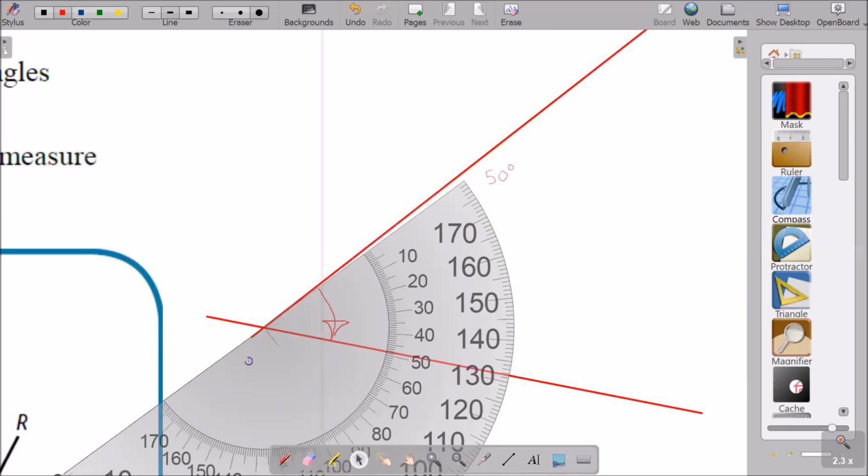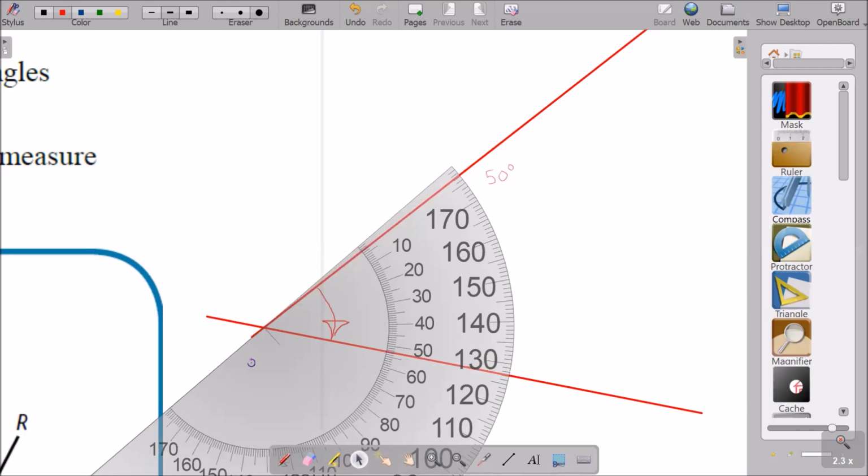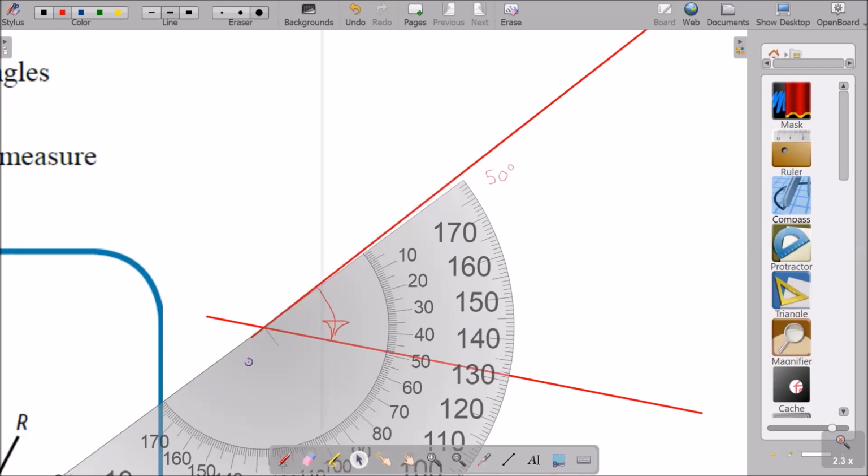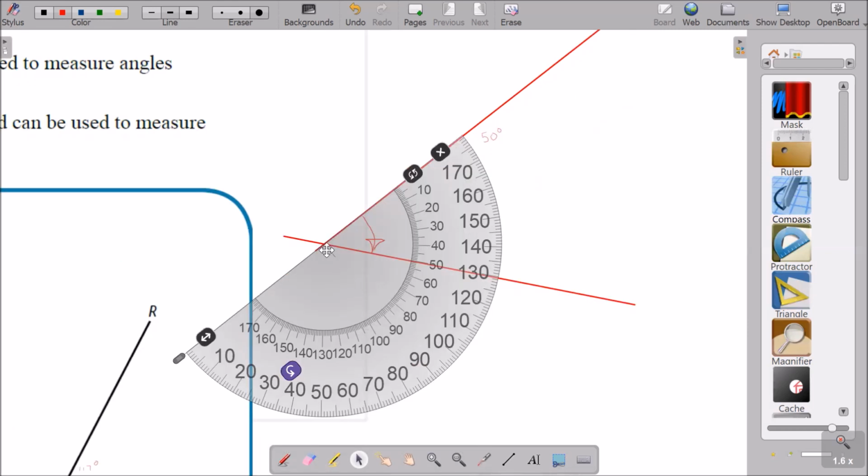Make sure our zero line is seated there, and the center point is directly where the two lines meet. Now we can measure from the inside scale because zero is here. 10, 20, 30, 40, 50.